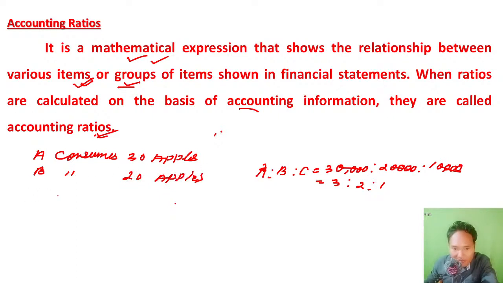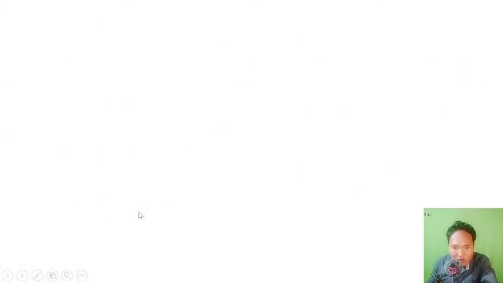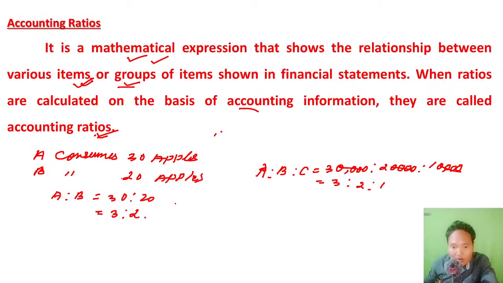Now what will be the ratio of consumption between A and B? We can express it in this way: A is to B is equal to 30 is to 20. Then the ratio will be 3 is to 2. It means the consumption of A and B is in the ratio of 3 is to 2. So we have to convert in this form.